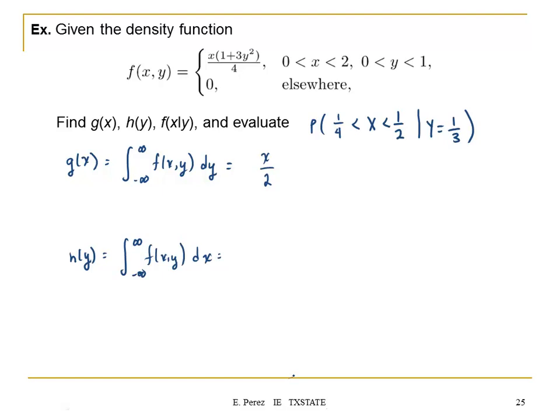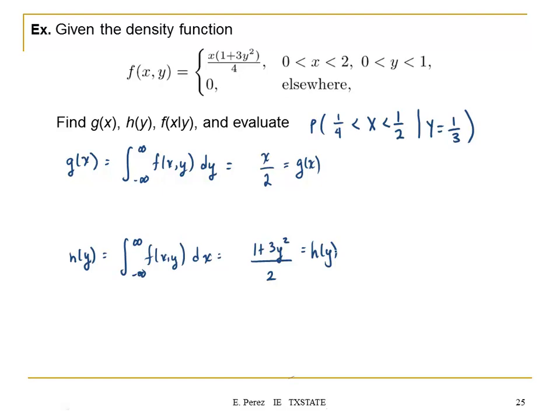Correct. So it's 1 plus 3y squared over 2. So this is g of x, and this is h of y. So those are the marginal distributions.